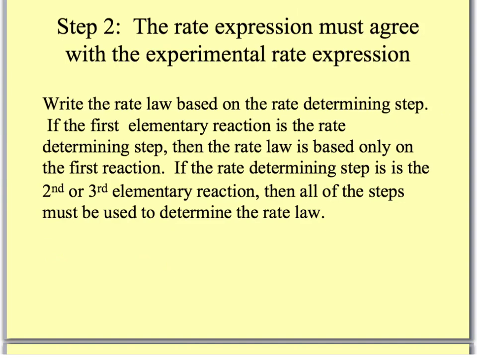The one that's labeled slow is considered my rate determining step. Now if that's the first elementary reaction, then I'm just going to use that one reaction to determine the rate law. But if the rate determining step is either the second or the third elementary step, then I'm going to need to consider all 3 of those reactions when I'm doing the rate law.